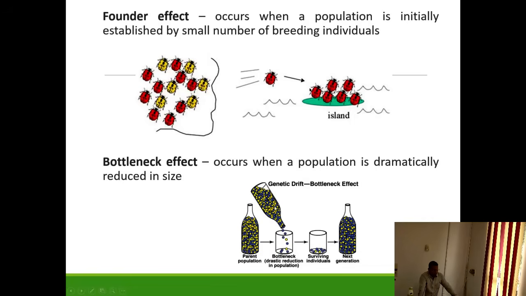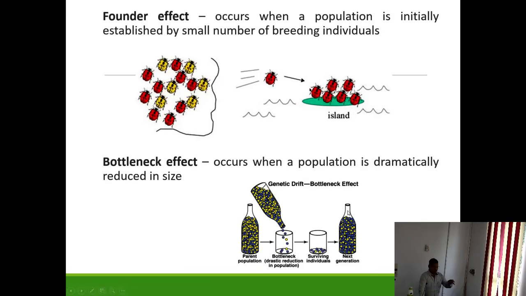Similarly, bottleneck effect. Here you can see that the population size goes through a bottleneck, meaning some sort of constraint, some sort of hazardous situation, maybe some calamity, and many of the individuals die out. Maybe some asteroid hits the earth and you find a few of the individuals survive. And from there, if the population grows on, it is known as bottleneck effect.